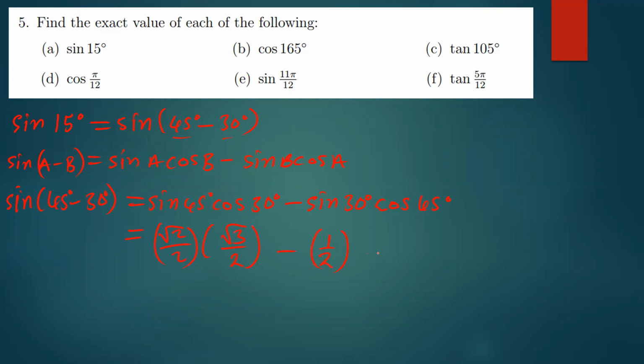And then cos 45 is still root 2 over 2. So this is what you get, and then it's just a matter of simplifying the expression. The root of 2 times the root of 3, we're getting the root of 6, over 2 times 2, we're getting 4. Then we say minus 1 times the root of 2, simply the root of 2 over 2 times 2, we're getting 4.